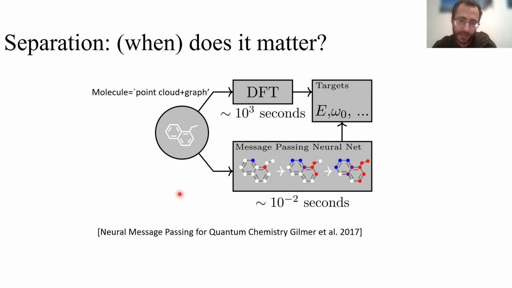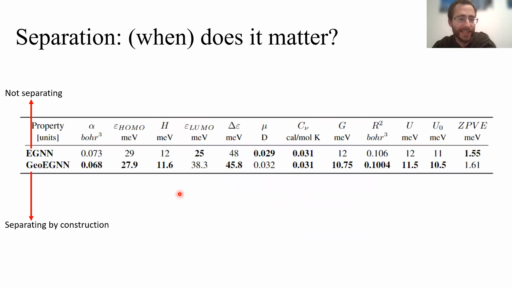We're working with a data set called QM9. We took an architecture which is rather successful for this type of task, called EGNN. It's permutation and rotation invariant, but it's not separating. There's a paper showing that it's not separating, and we fixed it so that it is. Again, there aren't any details here about how we did that.